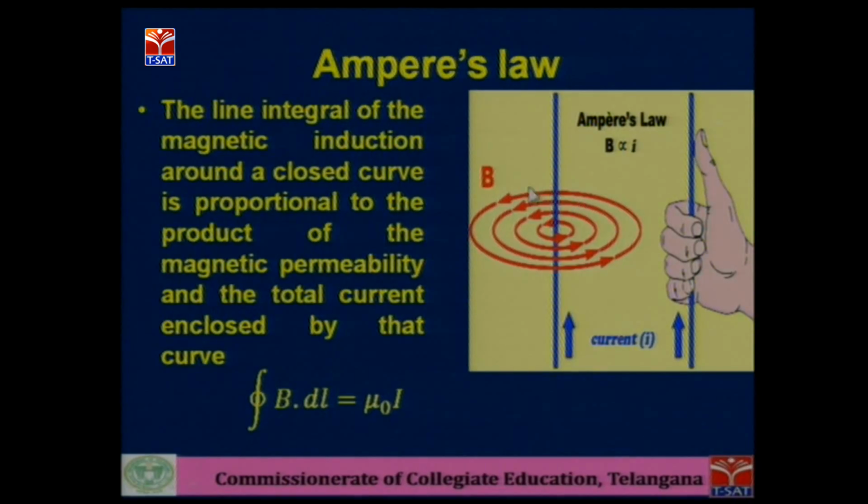So in these magnetic lines of force, that means the magnetic field is created, if we consider any one particular magnetic line of force in the form of a circle, then the line integral of magnetic induction around this closed curve is proportional to the current passing in this, and is equal to the product of mu naught, that is the magnetic permeability, and the current passing through this. So integral of B dot dl is equal to mu naught I. This is Ampere's law.